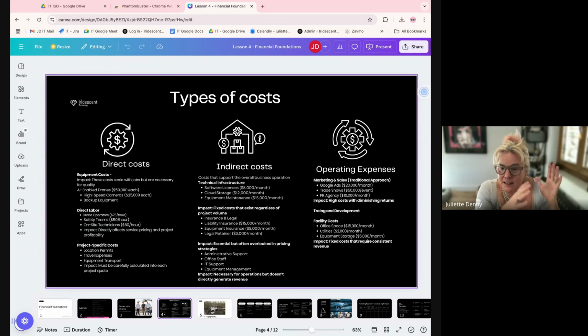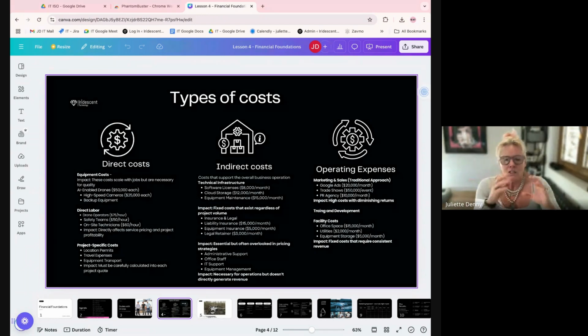Okay, so it is impossible for them to deliver this really super high, exciting service without these direct costs. There is no way they can continue to make any money without these direct or fixed costs.